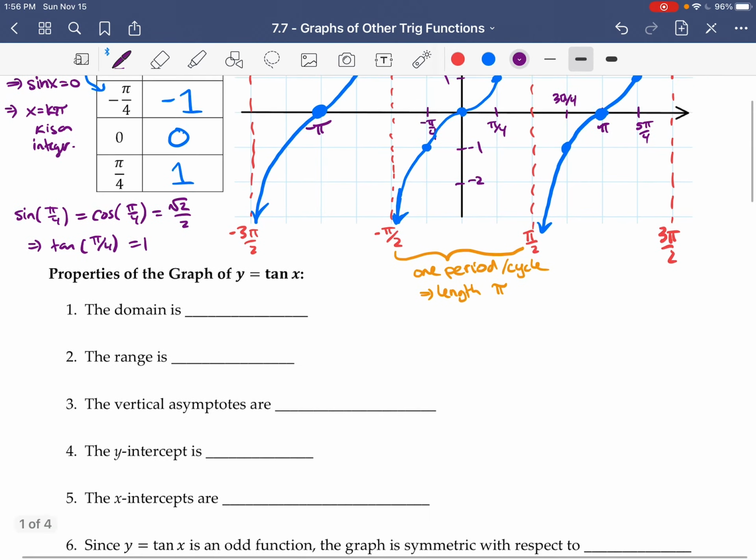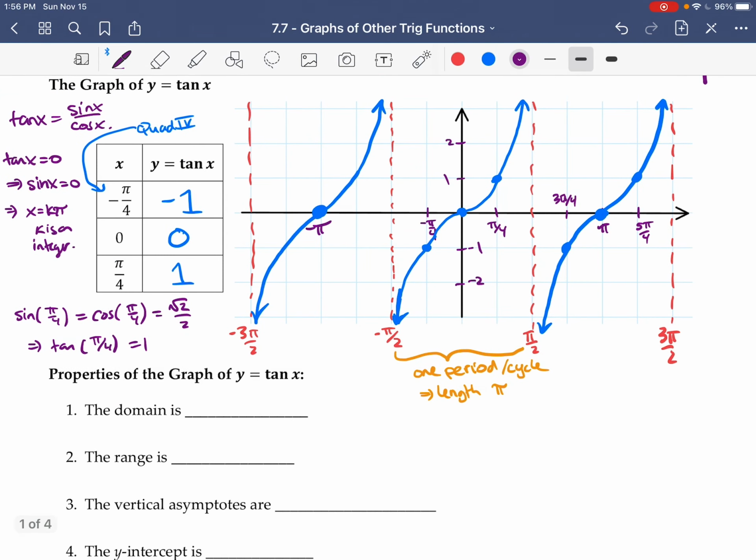Okay, so now some properties of this graph. So the domain is everything except where the asymptotes are. So we cannot have x equal to pi by 2 or any integer multiple, add k pi to that.